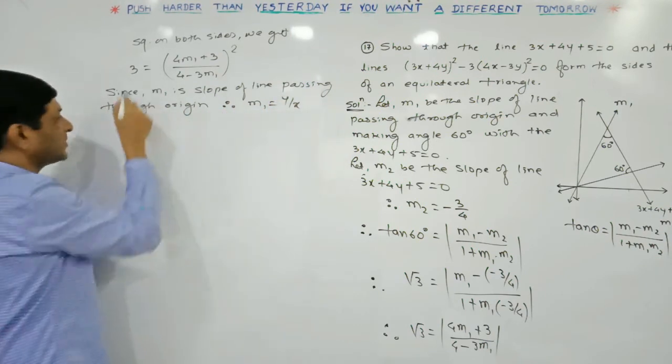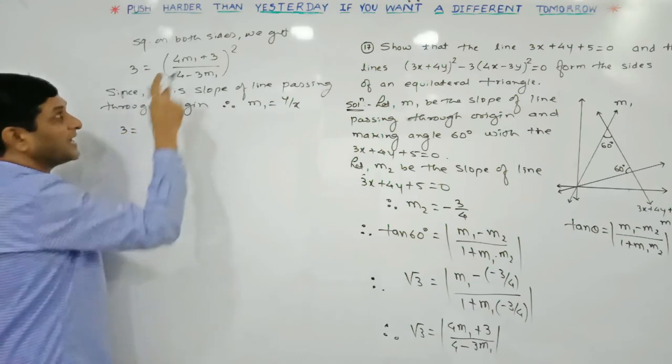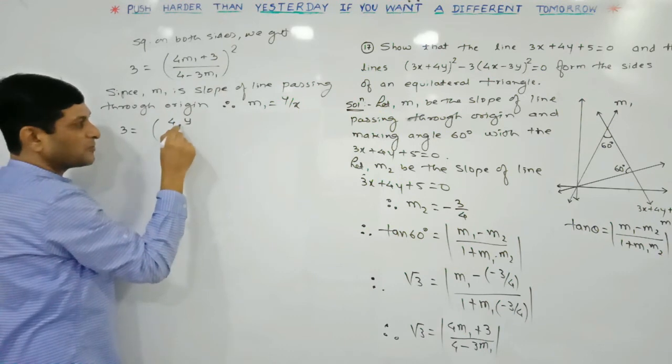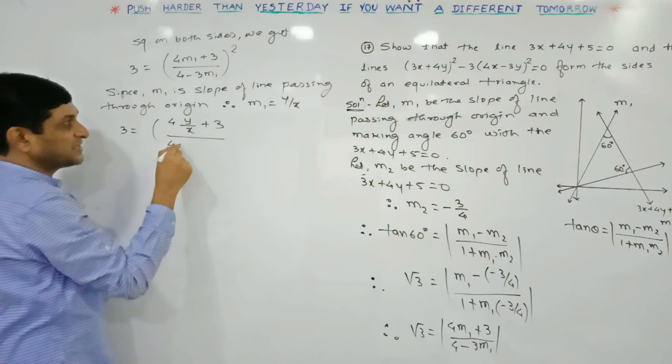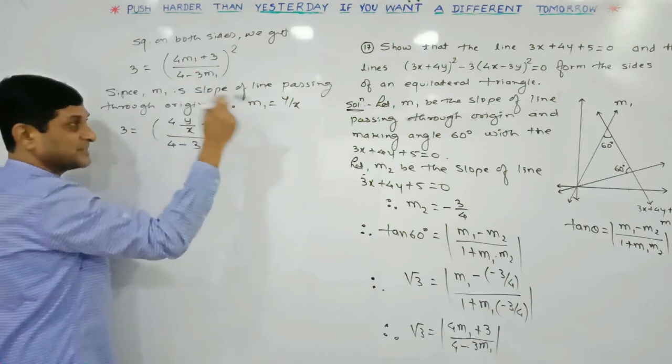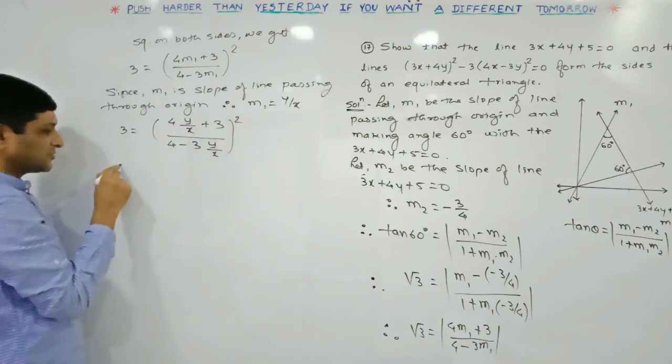So on this side 3, keep it as it is. Here 4 m1 I am replacing by 4 y by x, plus 3 as it is, in the denominator 4 as it is, minus 3 also as it is, replace this m1 by its value y by x, whole bracket squared also as it is.